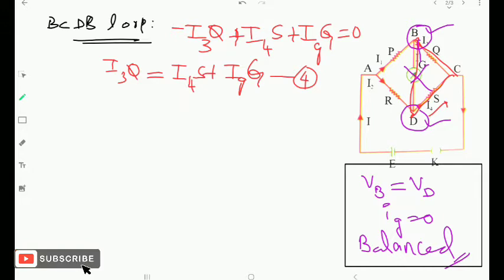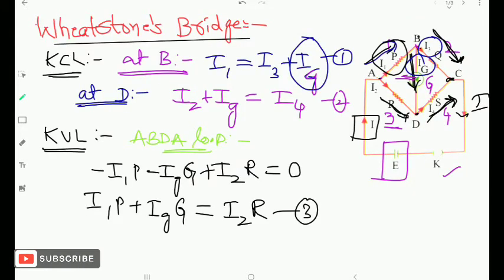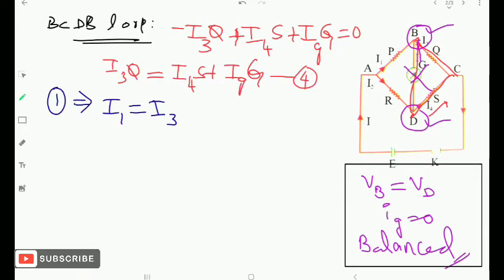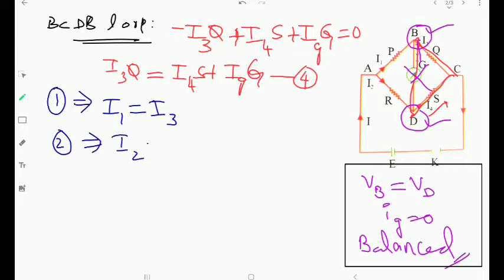In the second equation, I2 plus IG, with IG being 0, so I2 is equal to I4.